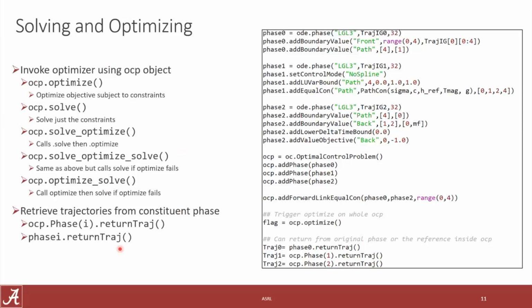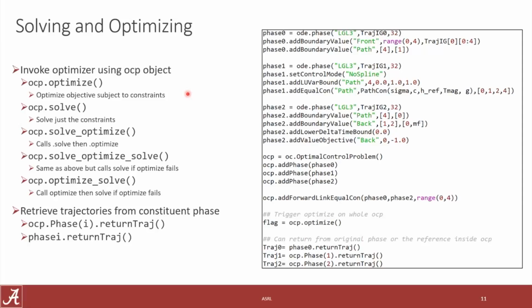It's the same method calls that you ran on phases, you can also run for an optimal control problem. So once it's formulated, you can run optimize, where again, it's going to take whatever your total objective function is. So it could be multi-objective and you're summing the objective functions and their weights. Minimize your total objective subject to all of your constraints.